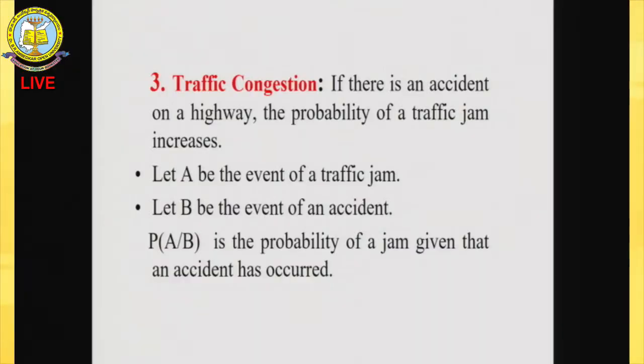Another event, let B be the event of an accident. Then which event is already occurred? Accident is the already occurred event, that is a condition. So, let us find out the traffic jam condition. In that case, we can represent it like this: probability of A given B is the probability of a jam given that an accident has occurred.